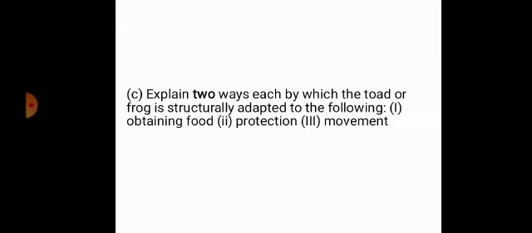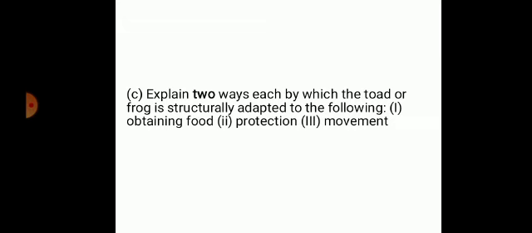So the question now is, you have to explain two ways in which a frog can be adapted when obtaining food, and also protecting itself, and also movement, how it moves in the environment.